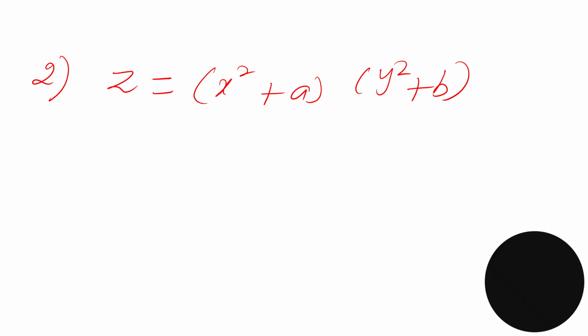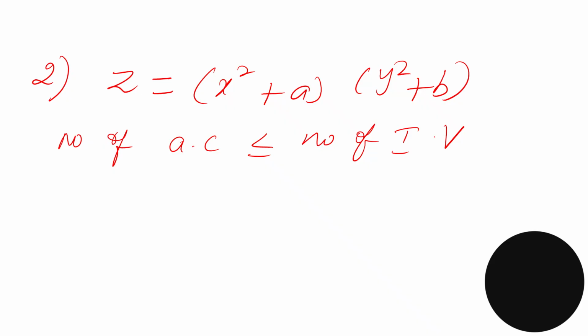Eliminate the arbitrary constants a and b from z equal to x square plus a, into y square plus b. See, we follow the same procedure, because in case 1, the number of arbitrary constants is less than or equal to the number of independent variables. Here the arbitrary constants are a and b. So we have to form the PDE of order 1.